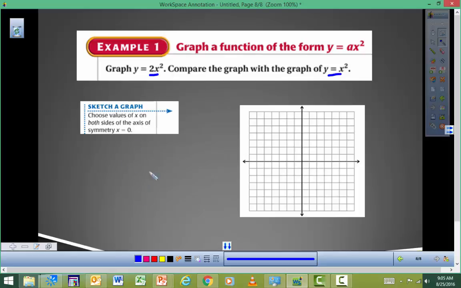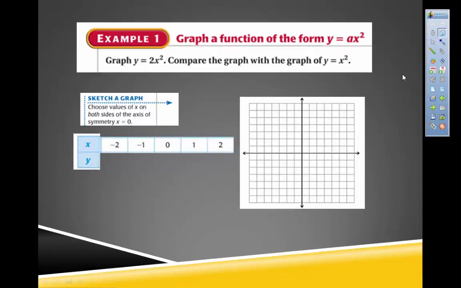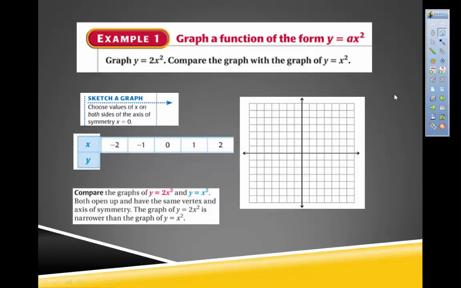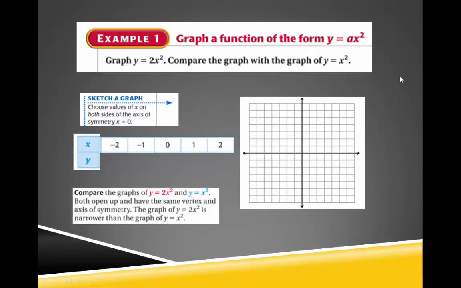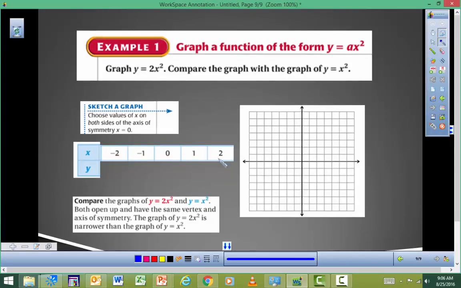Now, sometimes to graph them, you just make up a little table of values. Like you put in these x values. If you put this x value in right here, what do you get for the y value? Now be careful here.